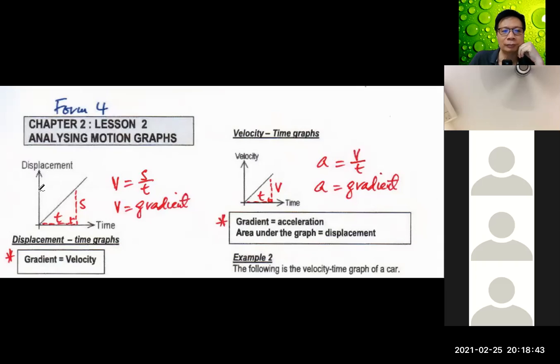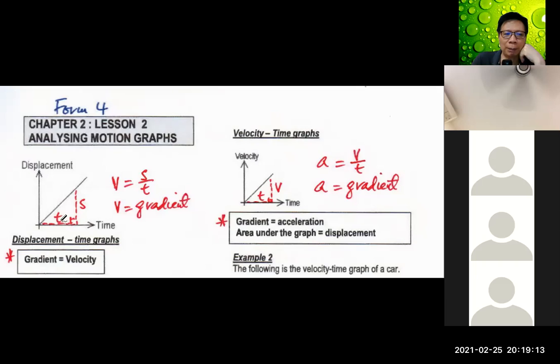For the displacement time graph, only one important thing you need to remember: the gradient of the graph is velocity. Why? When you find the gradient, you take this one divided by this one. This one is displacement S, and this one is time.